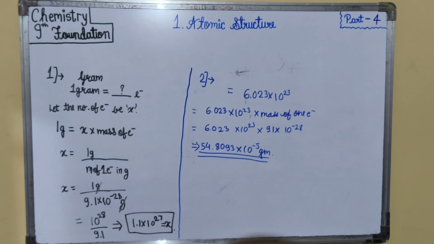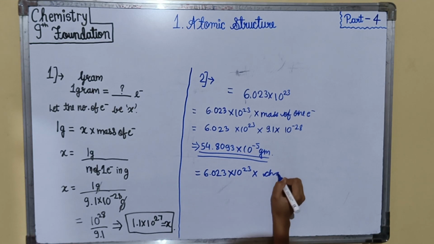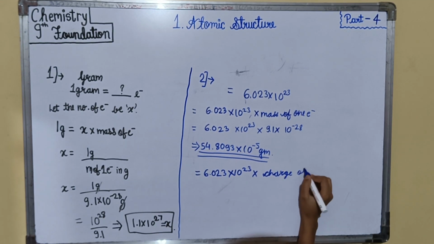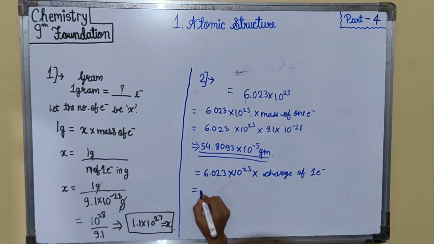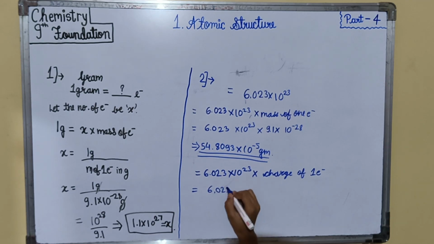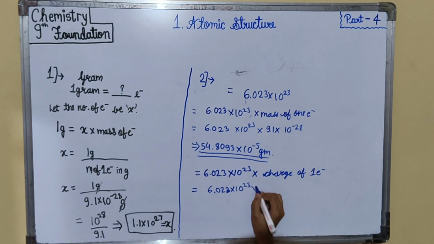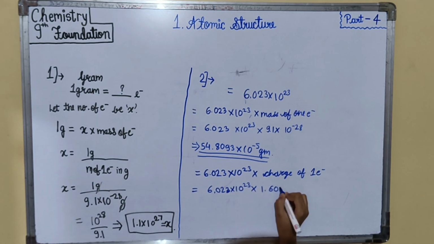And in the next case, 6.023 into 10 raised to 23 into charge of one electron, that is 6.023 into 10 raised to 23 into 1.602 into 10 raised to minus 19 coulombs.